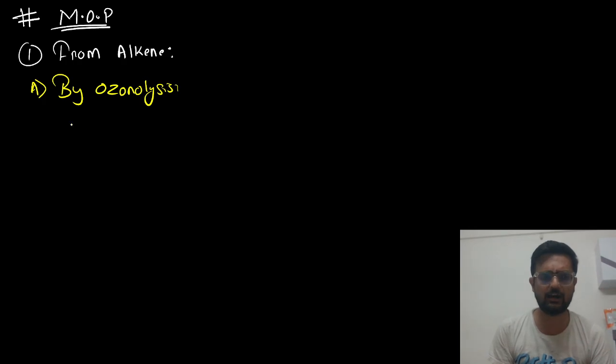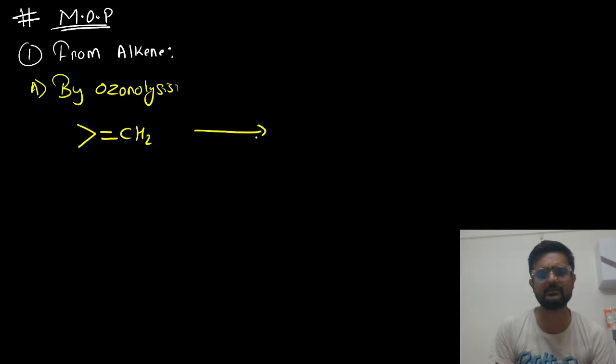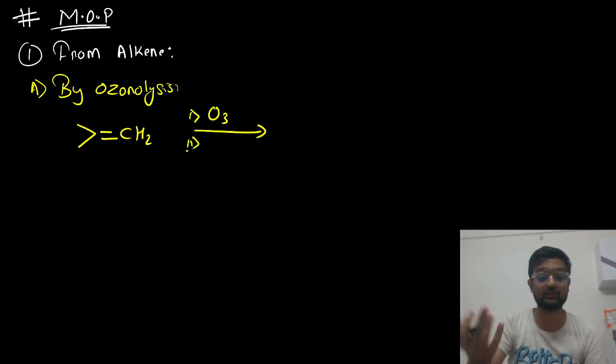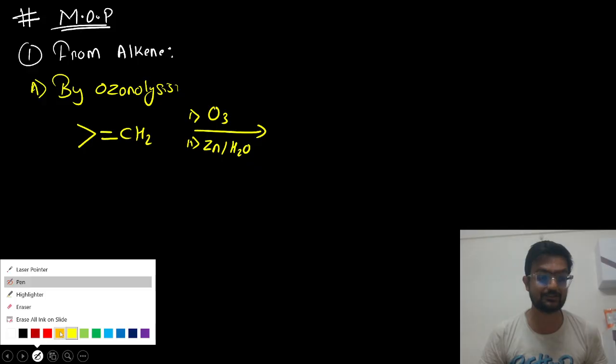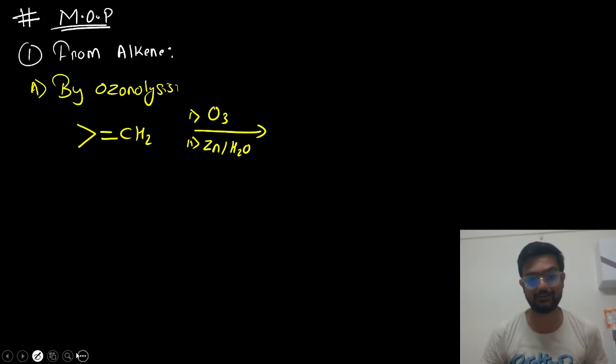Now, how to do this ozonolysis? I hope you remember. Let's say I have a double bonded carbon, this is my alkene with CH2. What do we do the reaction with? First, there will be ozone, and second, for reductive ozonolysis, any reducing agent. I can use any metal like zinc in water. This is referred to as reductive ozonolysis, right?